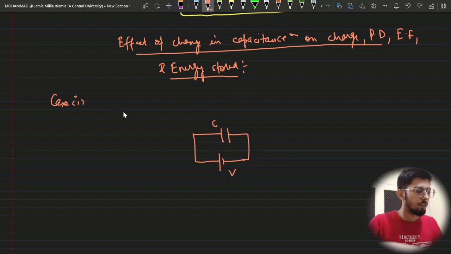So let's say the charge on this is Q, the potential is V, the electric field is E, and the energy is U. Initially, the battery remains connected all the time.